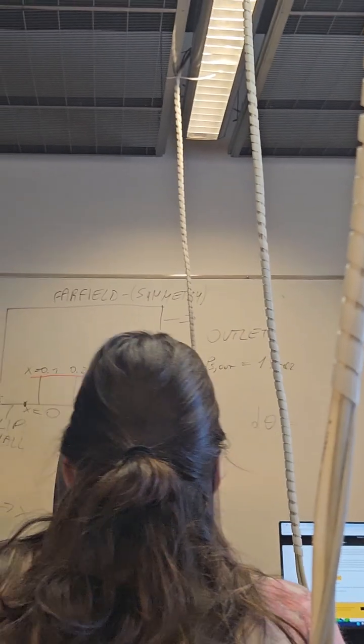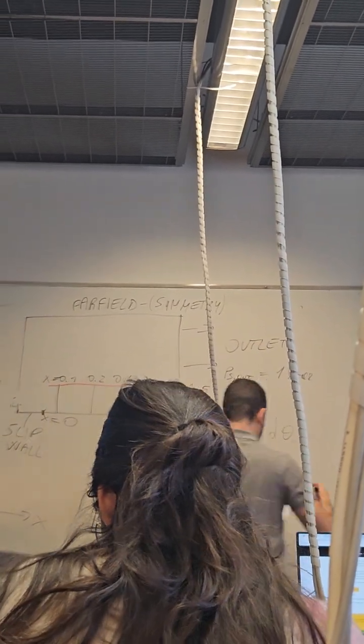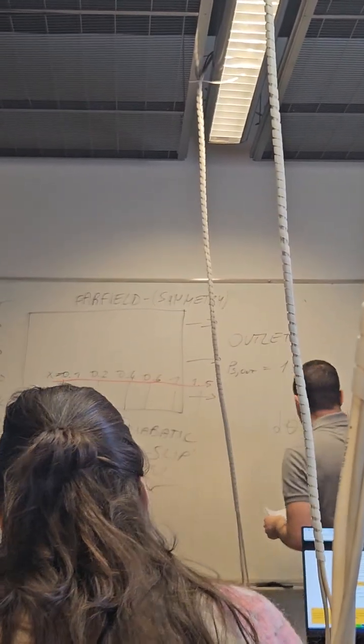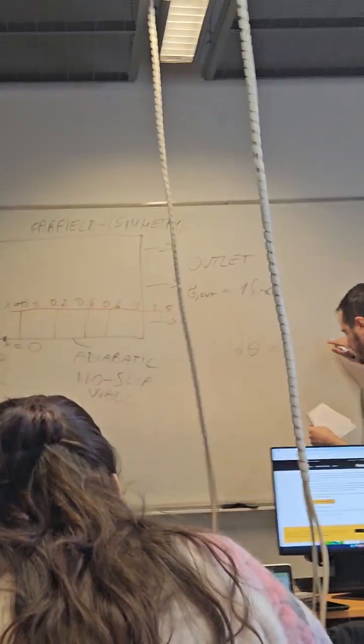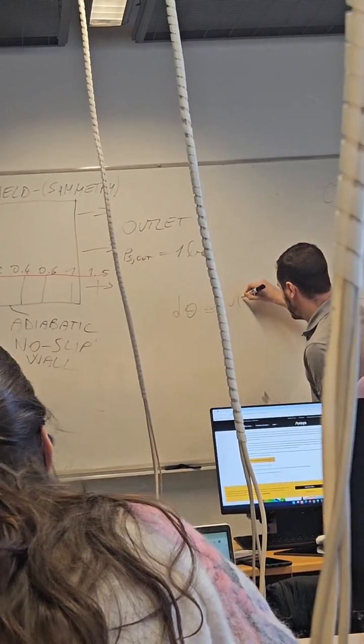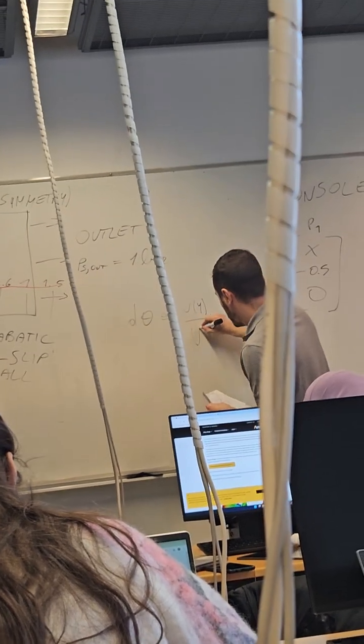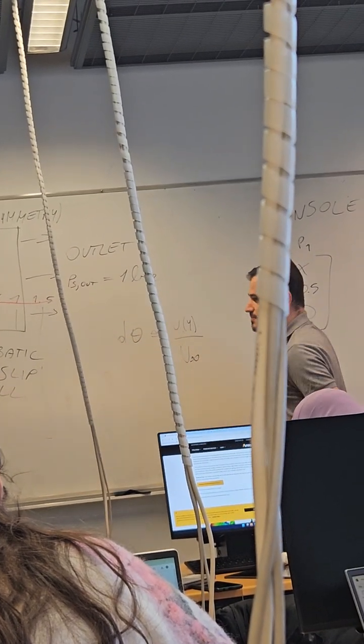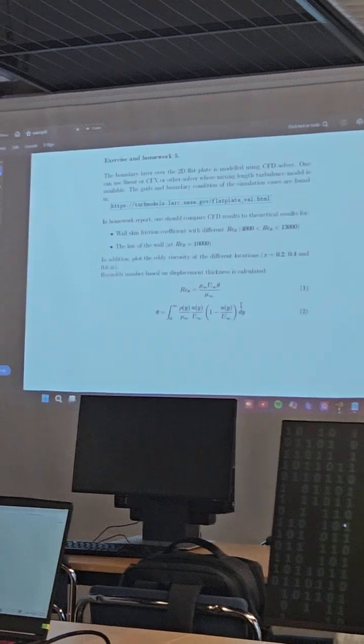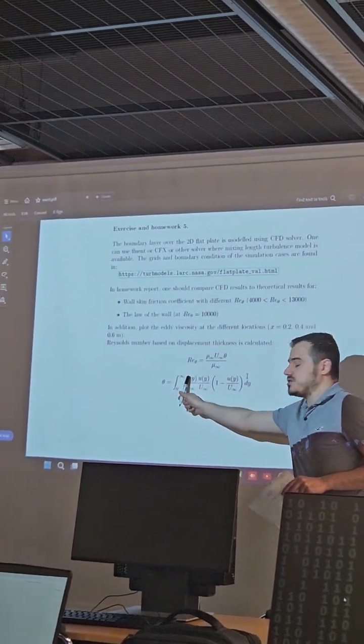For each cell, we calculate the d theta. This is approximately the u as a function of y over u infinite. That's because the rho, we assume the rho constant, so this is 1, this is ratio.